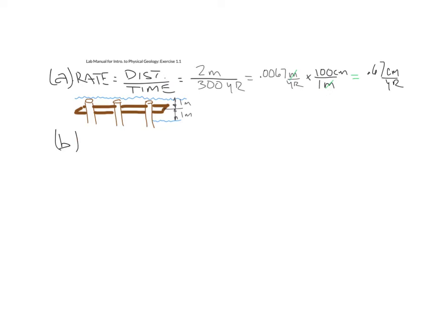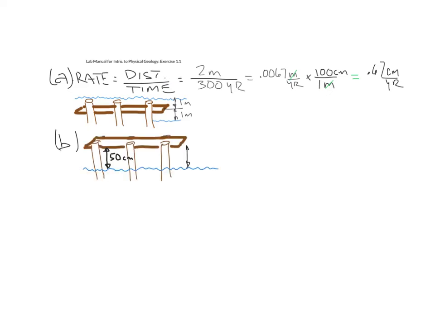In this case, we're going to apply the rate at which sea level is rising to a practical problem where a person is interested in purchasing a pier. Now, at the moment, the pier is 50 centimeters above sea level.